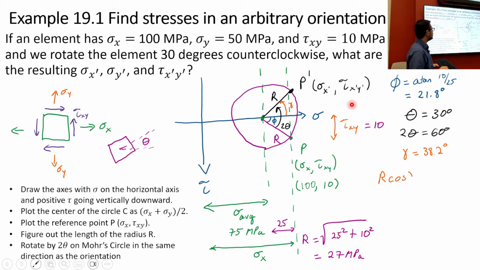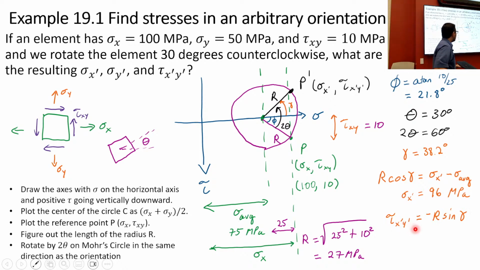We do our cosine gamma, and then you figure out where tau x prime y prime is. Any questions on this? Yes, it's R cosine gamma. That tells us this distance, but I should have mentioned that we also have to add the center distance to figure out what sigma x prime is.